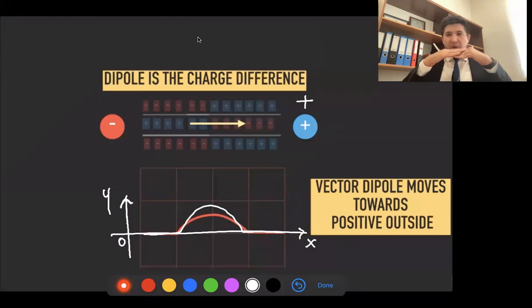And if you have no dipole inside the cells, so all of the cells are polarized, then you're simply going to have a horizontal line. But if a dipole is created, depending on which direction this dipole looks, to the positive or to the negative, you're going to have this curve either above the x-axis or below the x-axis.